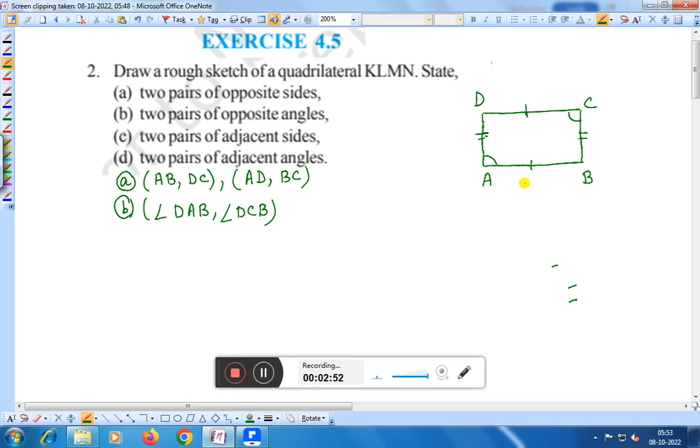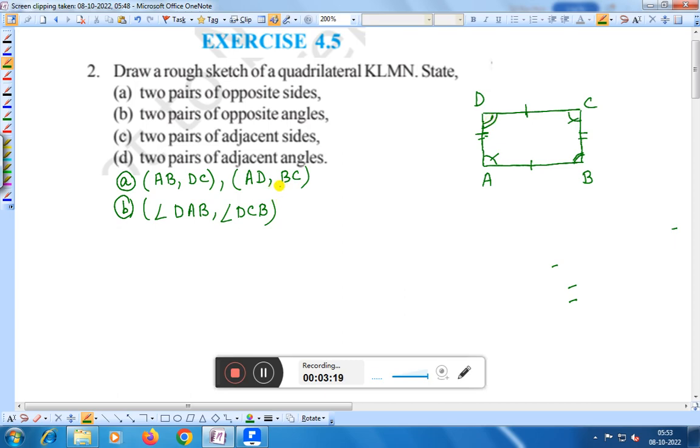Here you see, this is angle A and this is angle C, are opposite angles. In the same way, you can say that angle B, this angle, is opposite to angle D. This angle is angle D, right?